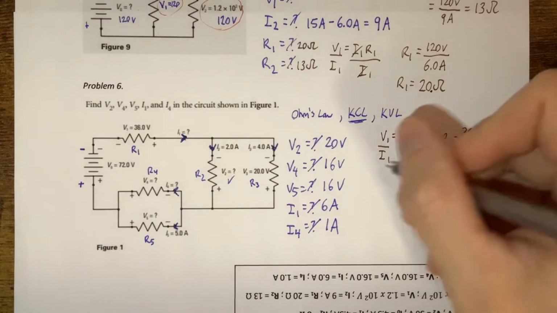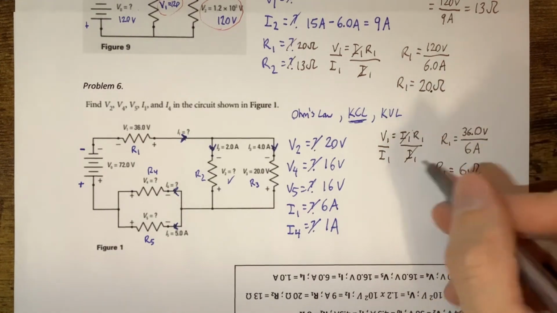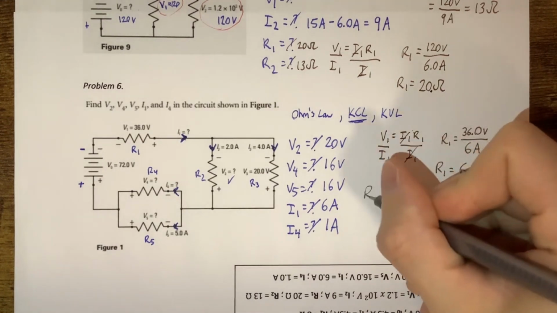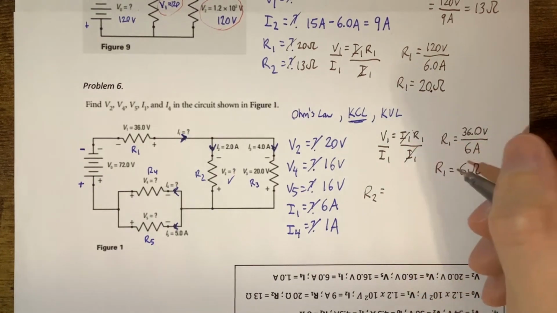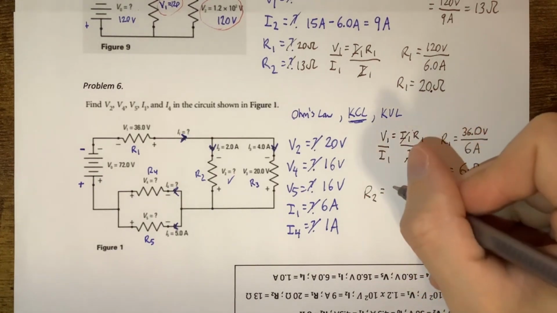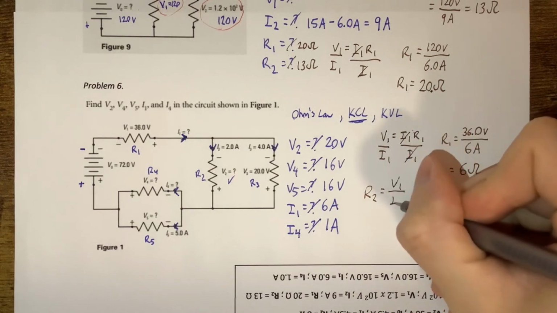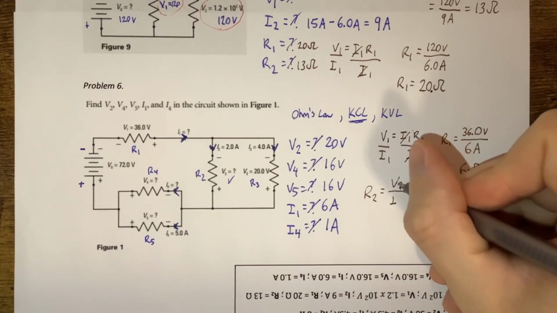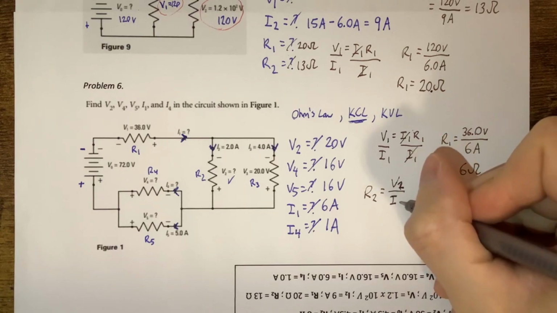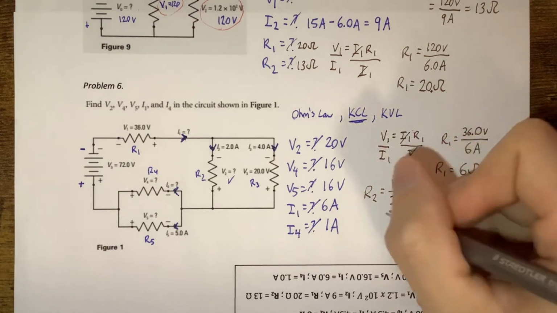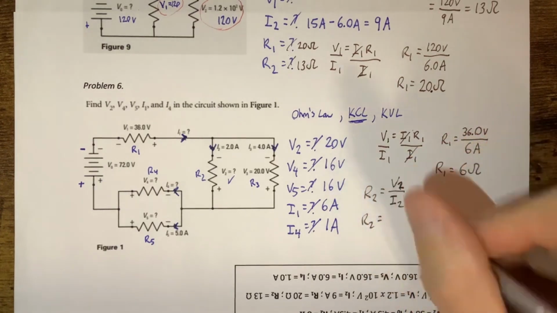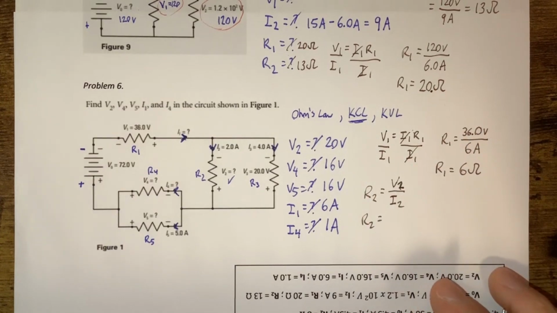Let's do the rest. We got R2, and I'm not going to rearrange this again because we know the formula is going to be the same. We got our V1 over our, oh my goodness, V2, excuse me. What happens when I go in a bit of a rush here. Here we go. So we got our R2, so we got our V2.